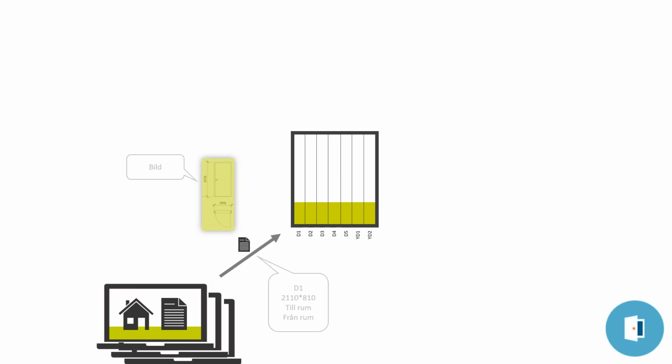What information you want to synchronize usually is, I would say, the type of door it is, or what kind of room the door goes to and from, and the geometrical, which is the width and height of that door. So we can decide whatever information we want to synchronize from the model to the database, and that is, again, what the green color indicates.